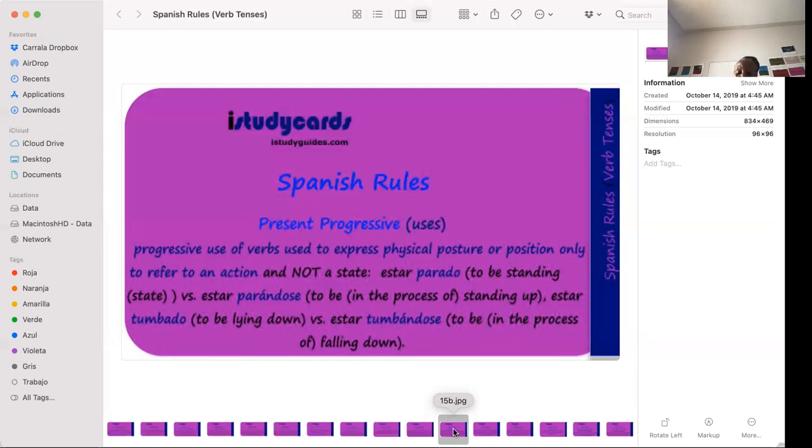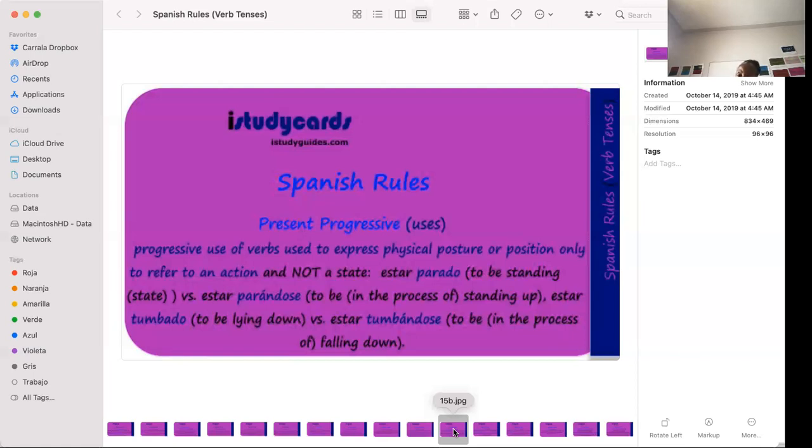But when you use the verb estar with parar, or you're using the verb tumbar, you are talking about an action, and you also use the reflexive. I'll explain reflexive verbs a little bit later. Reflexive verbs. Okay, so estar parándose, to be in the process of standing up. Estar tumbándose, to be in the process of lying down.